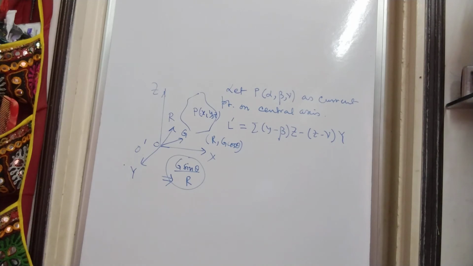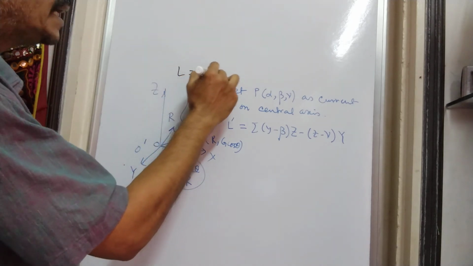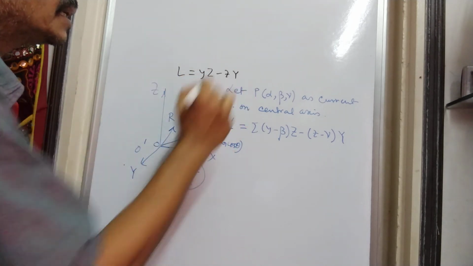Just remember what L was. L was when we considered the moment of all the forces about this x-axis. We have written logically that L is yZ minus zY.